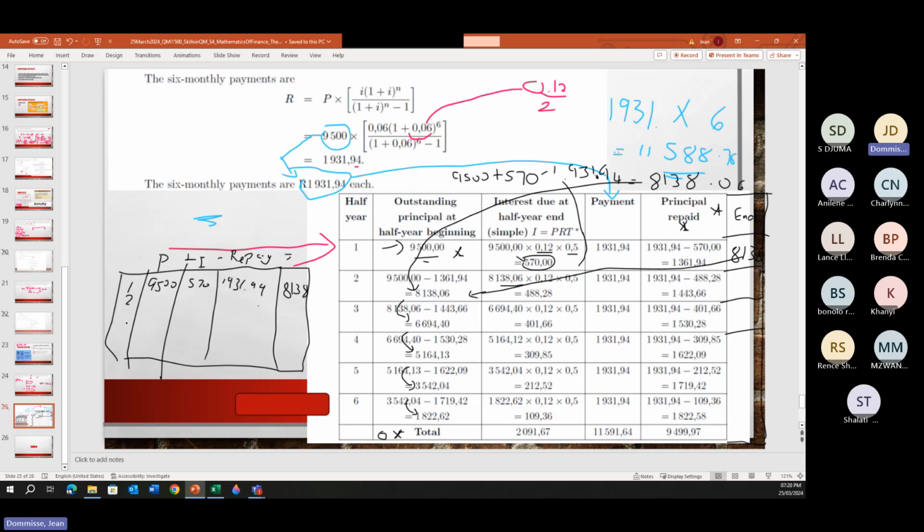So that I can share some more information around how to calculate amortization, specifically if they now have asked you to work out something in period 4.